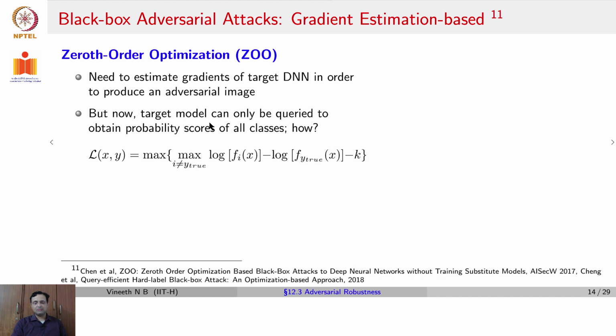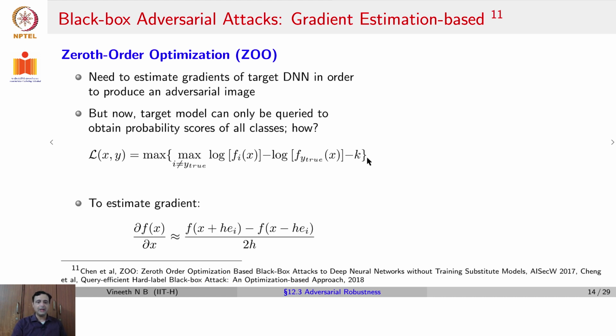We assume that we have access to the logits of the target model. We still have to come up with an adversarial perturbation which changes the output of the true label to some other class label by at least a certain distance k. So this method, called ZOO, zeroth order optimization, suggests that you can now approximate the gradient by doing multiple forward passes on the model.